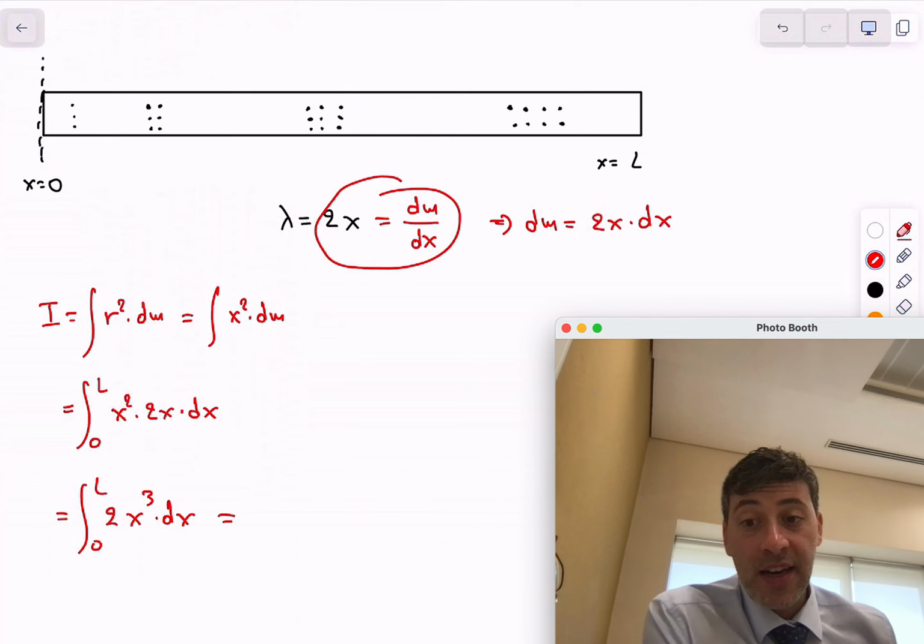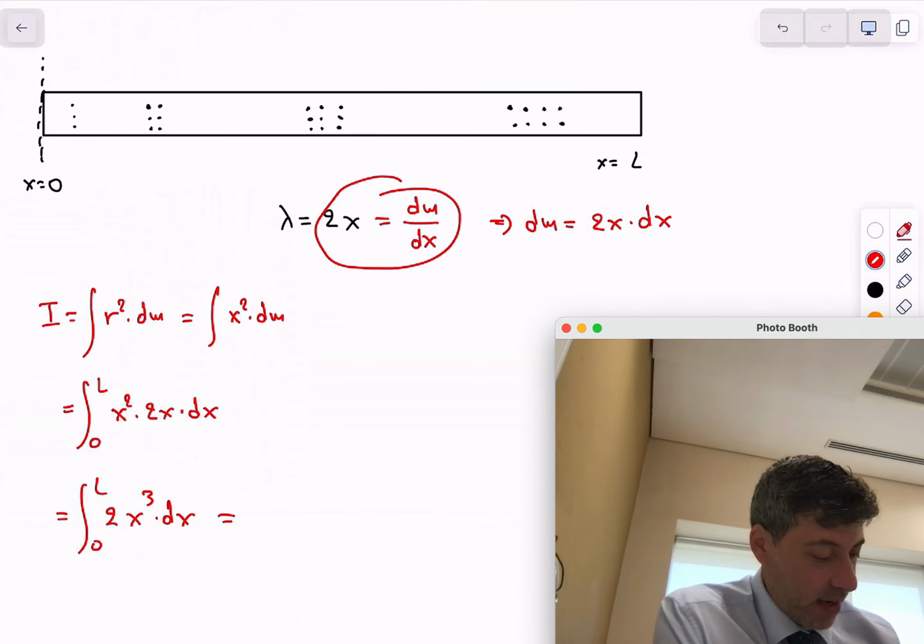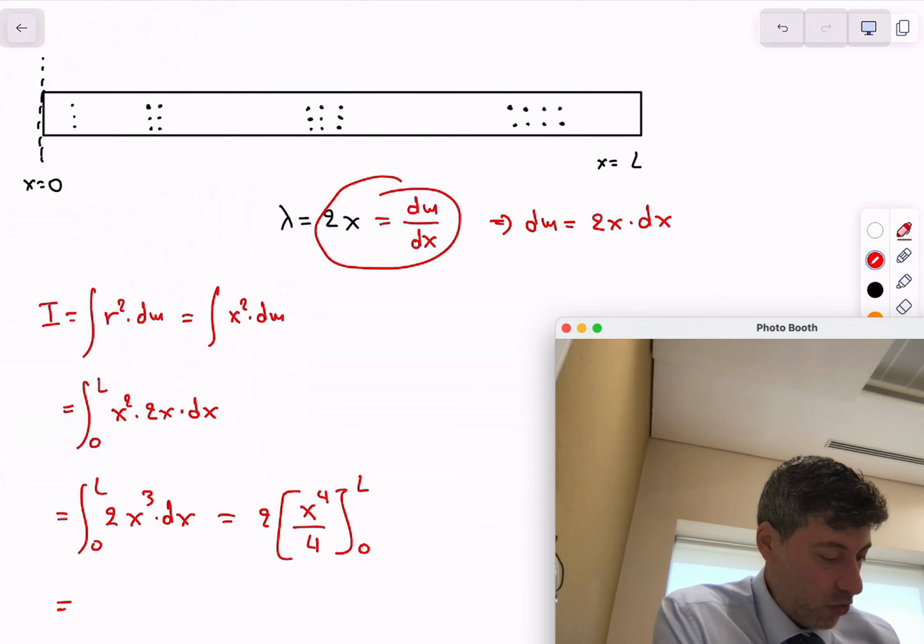The integral of x cubed is x to the power of 4 over 4, and we need to substitute 0 and L. This means 2 L to the power of 4 over 4, or L to the power of 4 over 2.